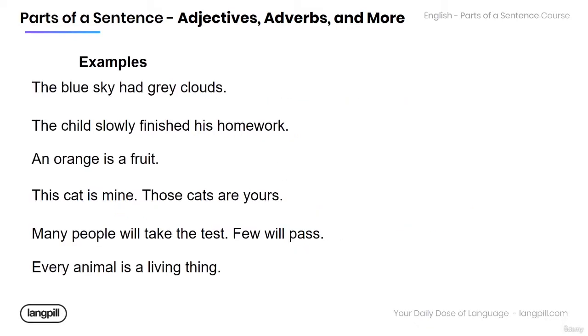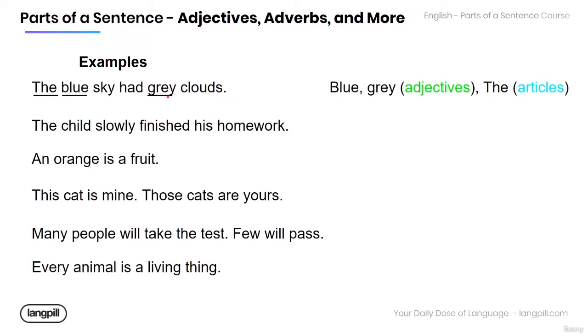So let's go over some example sentences and see if we can point out some of these new parts of speech that we learned. We have: the blue sky had gray clouds. So we have blue and gray. These are going to be adjectives, right? Blue is an adjective describing sky, the blue sky.